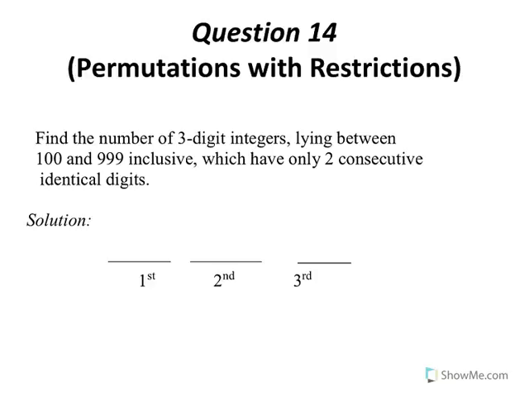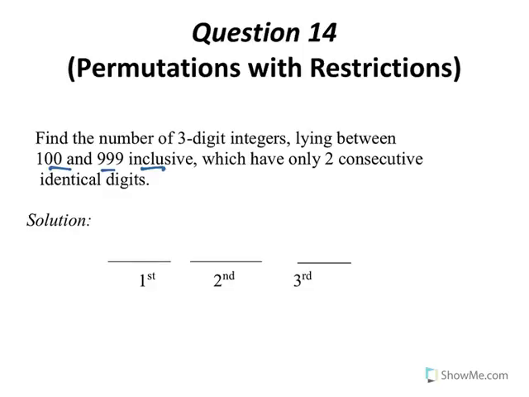So first one: find the number of 3-digit integers lying between 100 and 999 inclusive, which have only 2 consecutive identical digits, not 3, only 2.